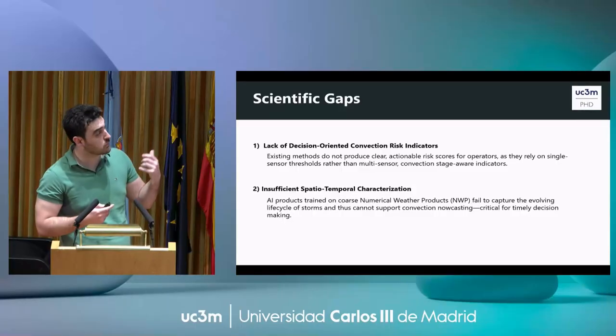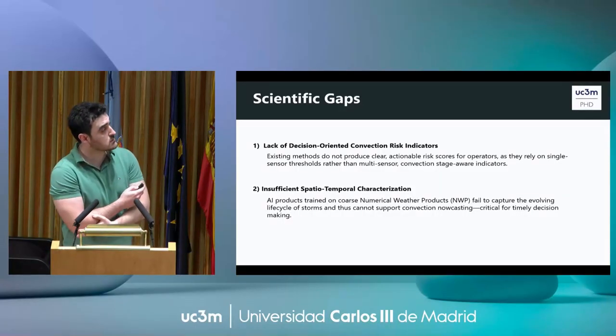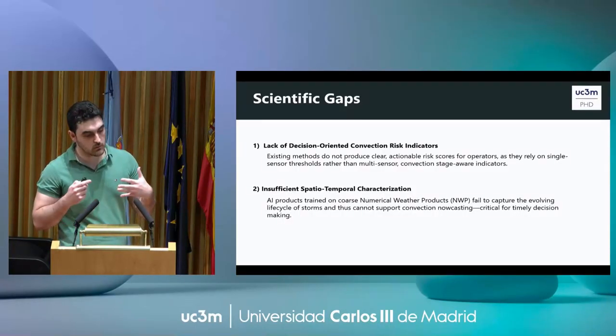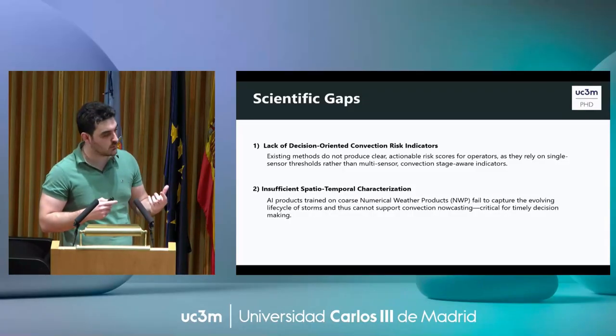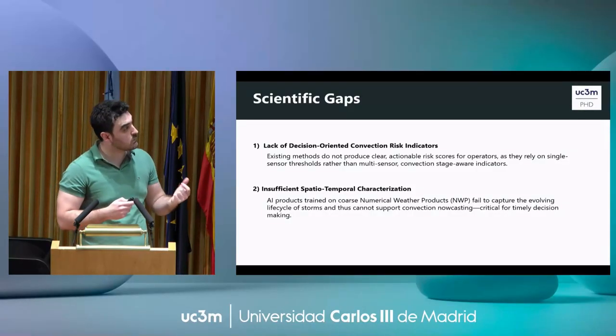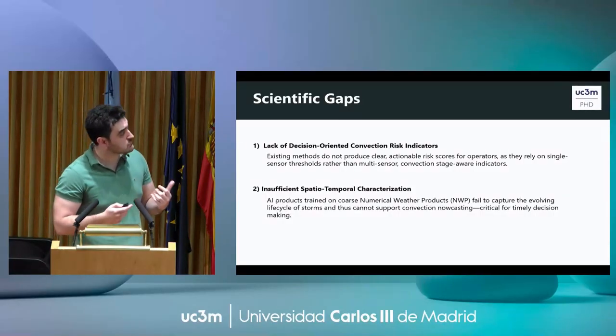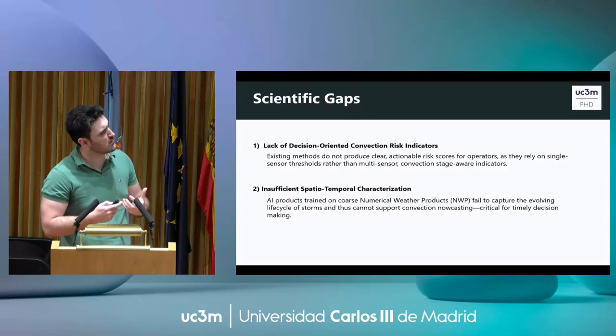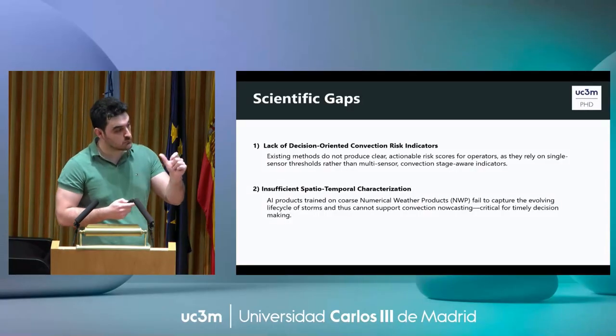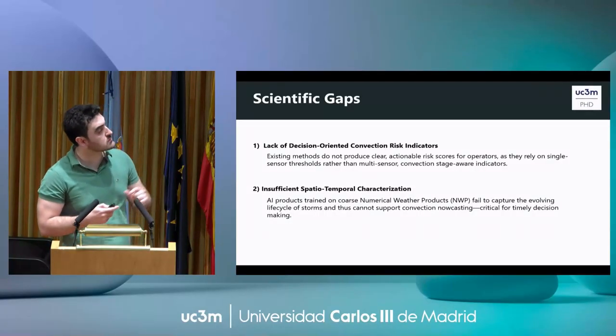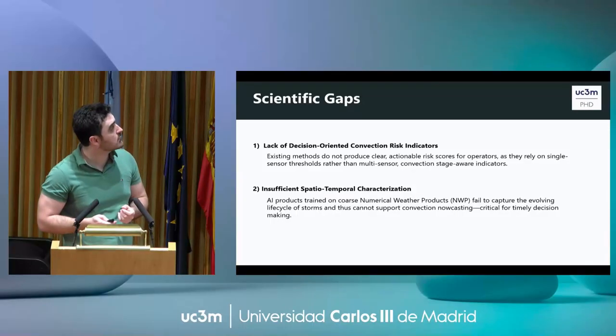The numerical weather products that Daniel was using in his thesis were numerical weather forecasts with an update cycle of 6 hours, a 1 hour time step, that cannot support at all convection nowcasting in 15 minute ranges, which is critical for timely decision making.